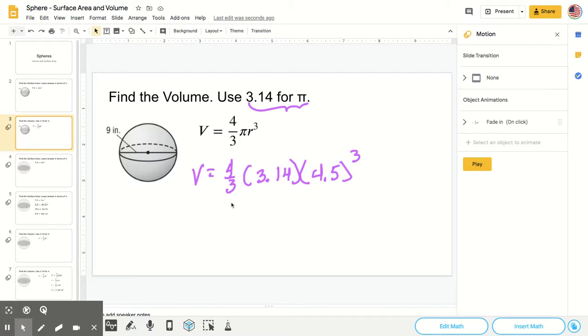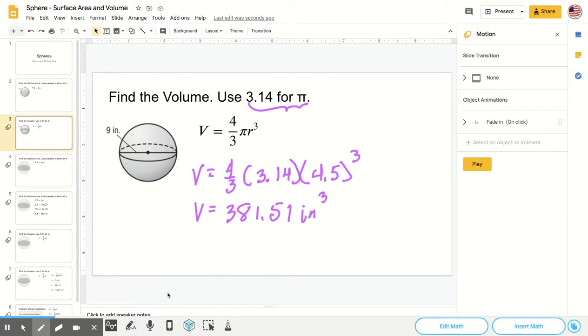I'm going to multiply 4/3 times 3.14 times 4.5 cubed. I get 381.51 for my volume. And my units are going to be inches cubed.